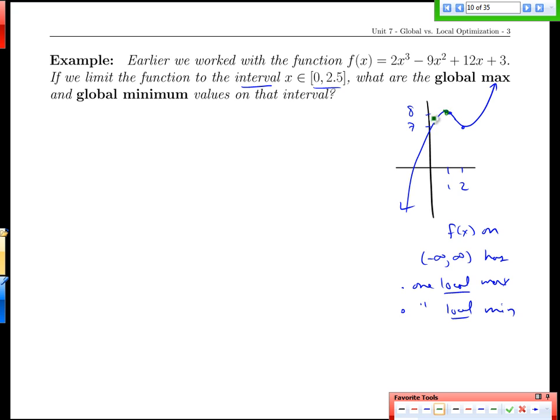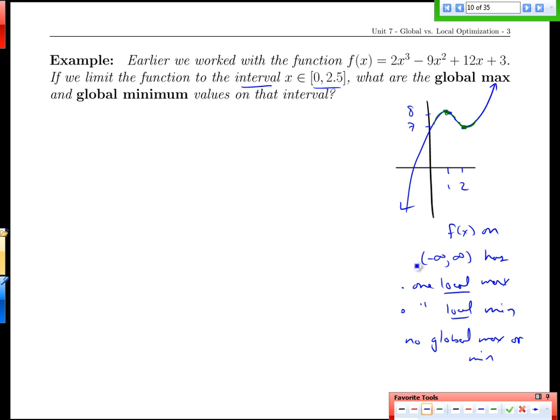There's a local max here because it's higher than its neighbors. There's a local min because it's lower than its neighbors. But this cannot be the global minimum because the function goes down lower somewhere else. Just like this point here cannot be the global maximum because the function goes on and gets higher than that later. So no global max or min.